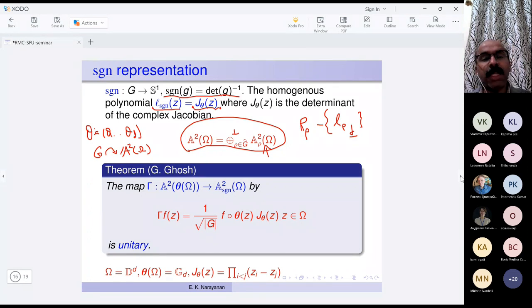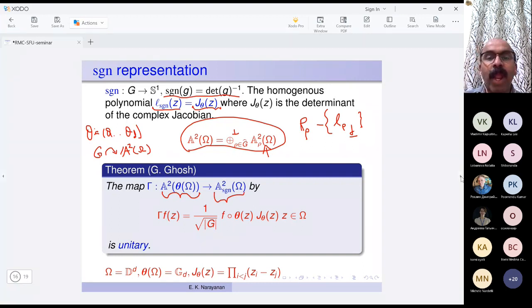And a result by Gargi Ghosh says something about the map gamma from A2 of theta omega. Remember, we are interested in Bergman spaces over quotient domains, and we want to study Toeplitz operators there. So now we are trying to realize it as some subspace inside the Bergman space of the original domain.